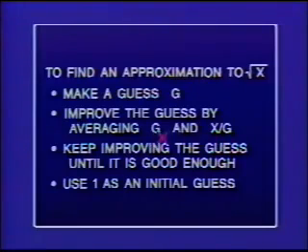So averaging always gives you something in between, and then it's not quite trivial, but it's possible to show that, in fact, if g misses the square root of x by a little bit, the average of g and x over g will actually keep getting closer to the square root of x. So if you keep doing this enough, you'll eventually get as close as you want. And then there's another fact, that you can always start out this process by using 1 as an initial guess, and it'll always converge to the square root of x. Right, so that's this method of successive averaging due to Heron of Alexandria.